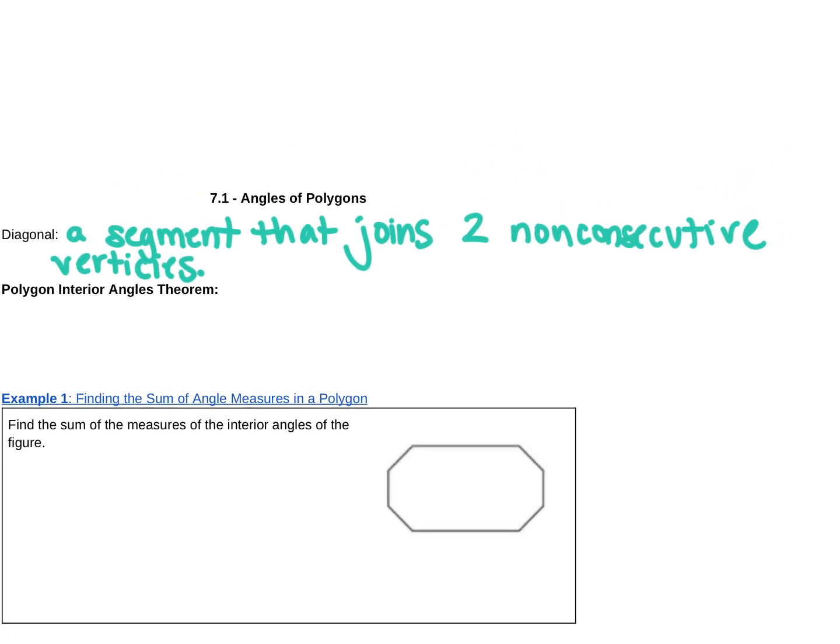So if we have a few-sided figure here, remember polygons are enclosed figures. Here's a figure, A, B, C, D, E. So this is a five-sided figure, 1, 2, 3, 4, 5.